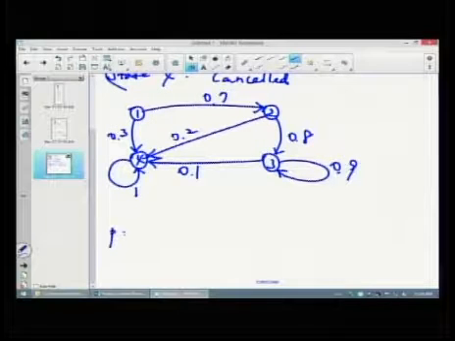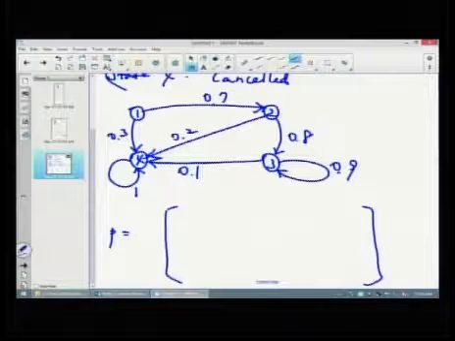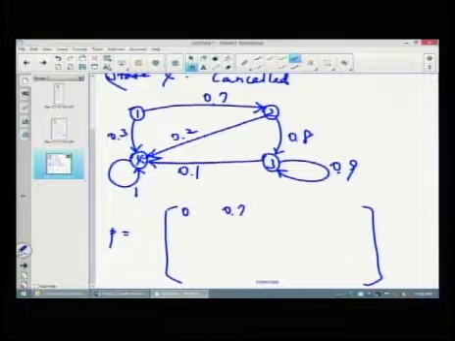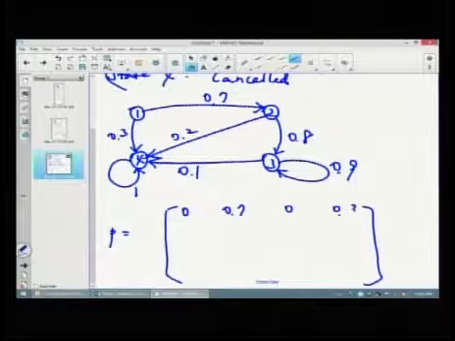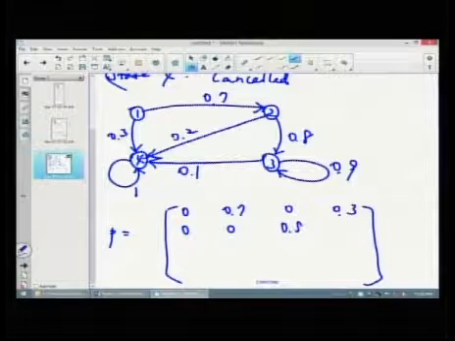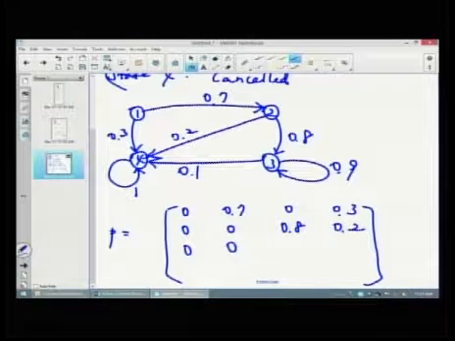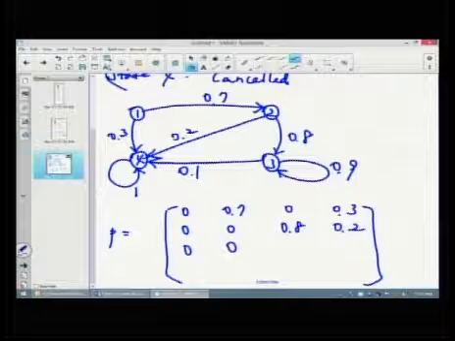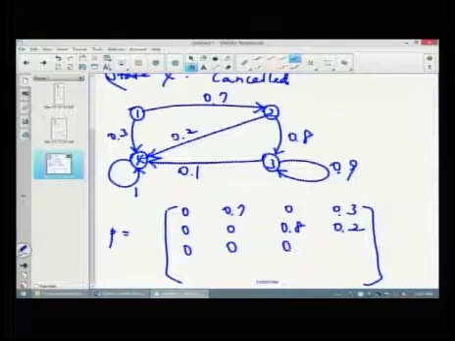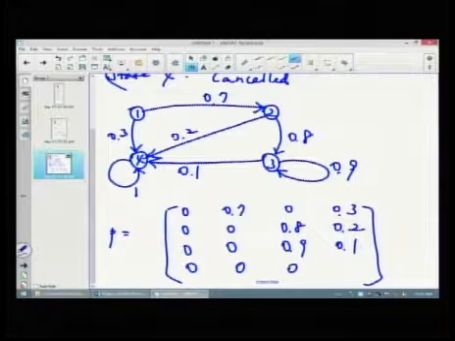Now we should be able to get the one-step transition probability matrix. It's going to be 0, 0.7, 0, 0.3, 0, 0, 0.8, 0.2, 0, 0, 0.9, and 0.1, 0, 0, 0, 1. Okay.